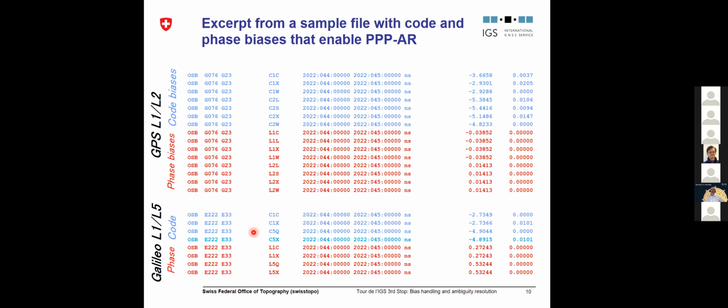Also then the situation for Galileo, and in red, the phase biases for the various phase observable types. And you see that for the same frequency, the phase biases are identical. So we assume here that the phase measurements on a specific frequency are aligned with respect to each other.